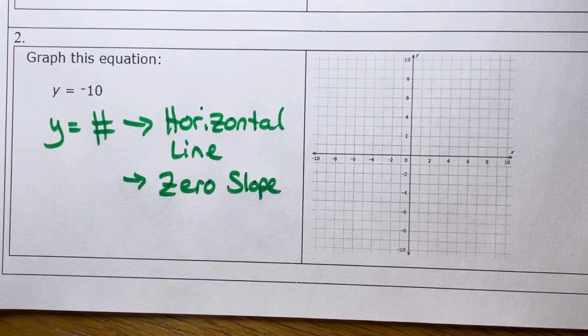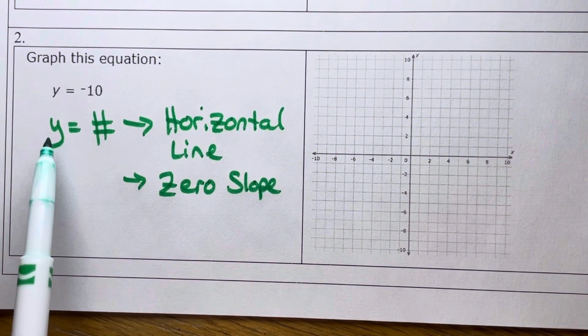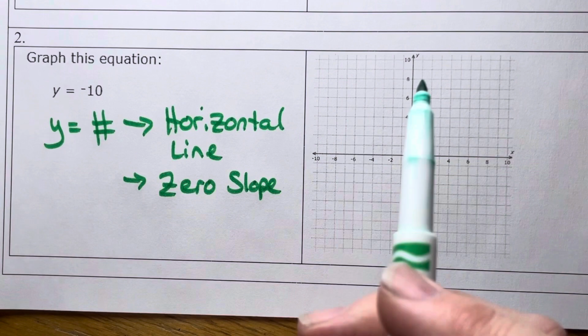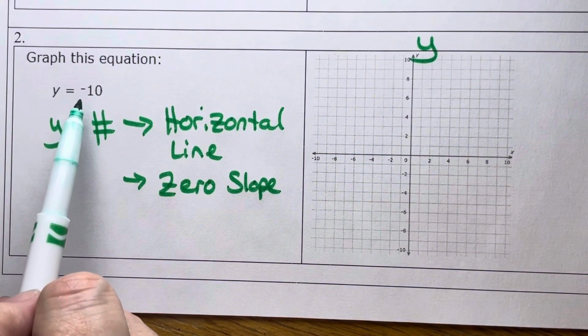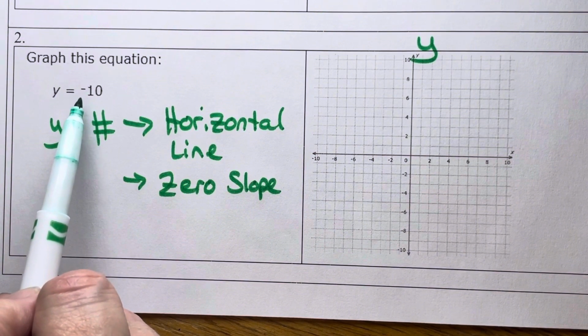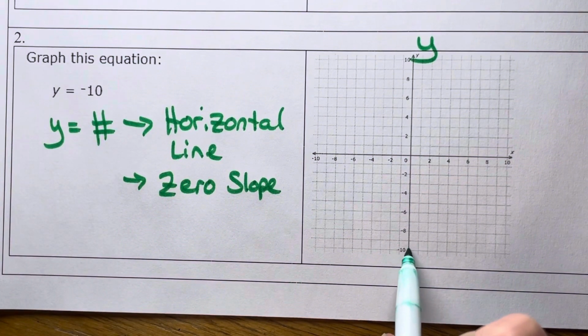So to do this, we find the y-axis because our equations are y equals a number. And we find the location that we were given in our equation, which is -10, all the way down here at the bottom.